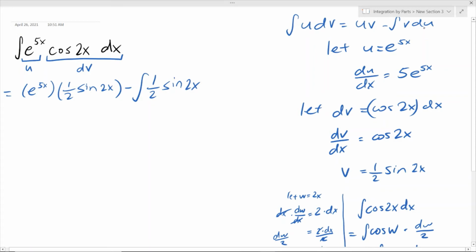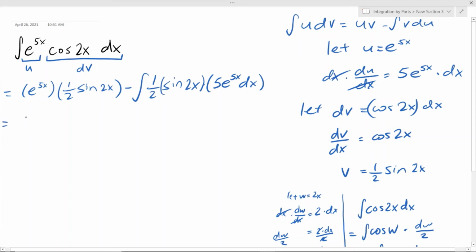And then now subbing in du, this is du over dx, right, so I'm going to multiply both sides by dx, so we can isolate for du. So du is equal to 5 times e to the 5x times dx. So I'm going to write in 5 times e to the exponent of 5x times dx from here. Okay, so that is my du, because du is equal to that, so bring that in.